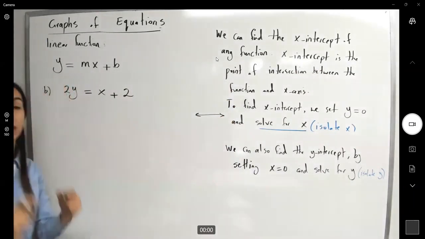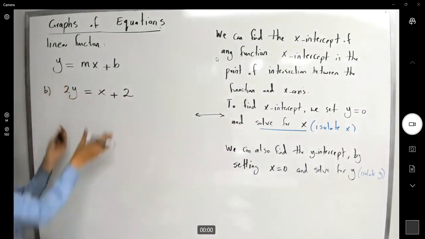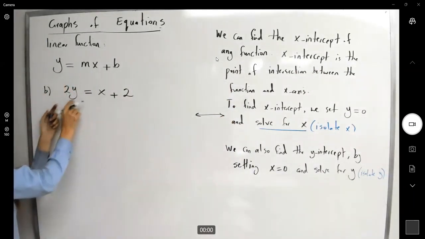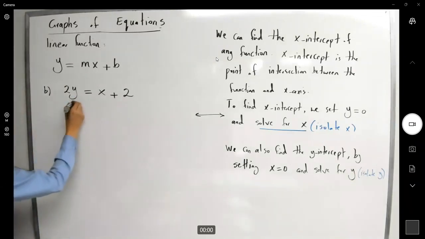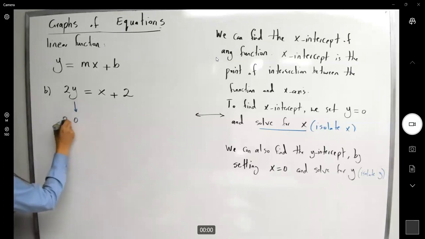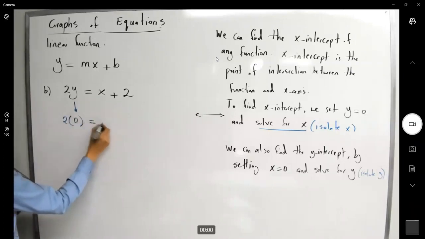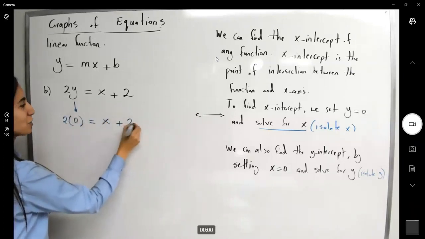First, let us find the x-intercept. To find the x-intercept, we need to set y equal to 0. It means that 2 times 0 is equal to x plus 2.